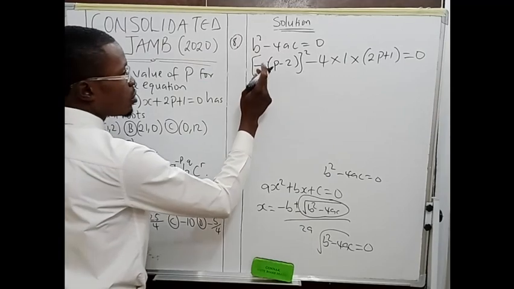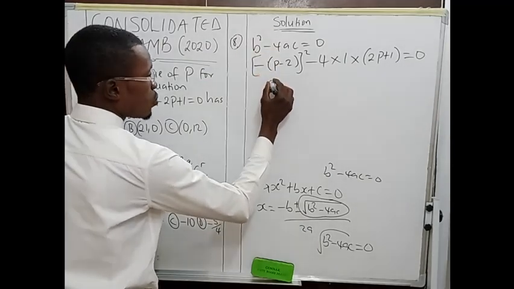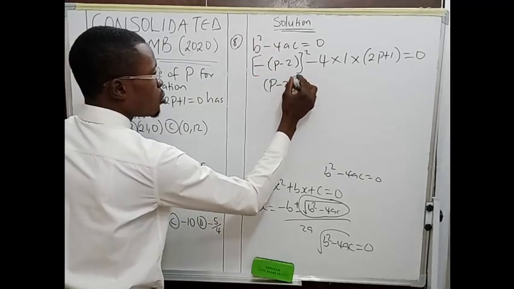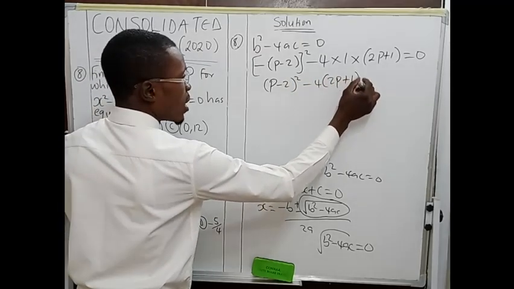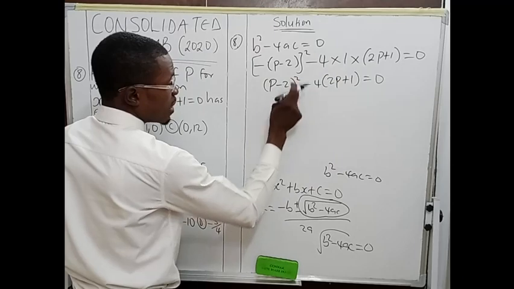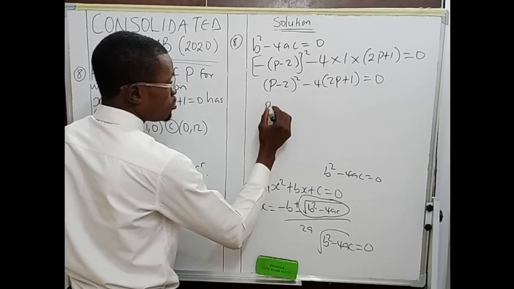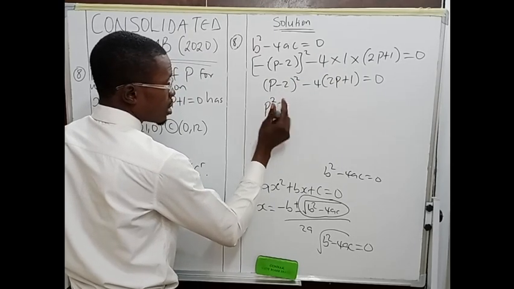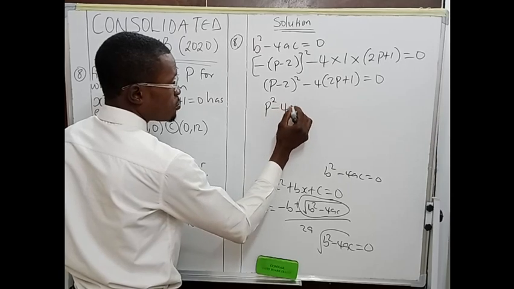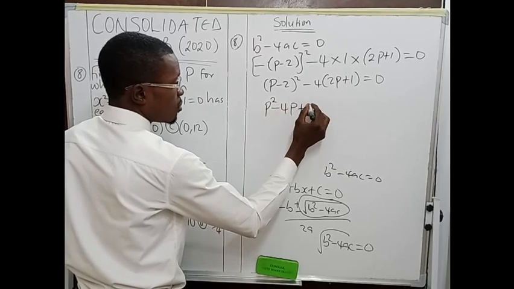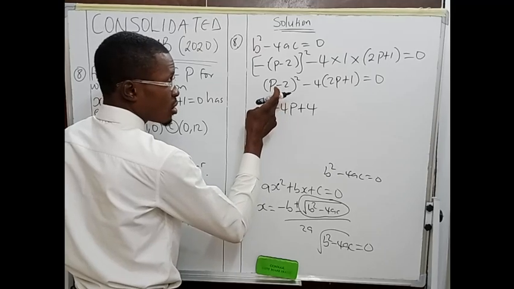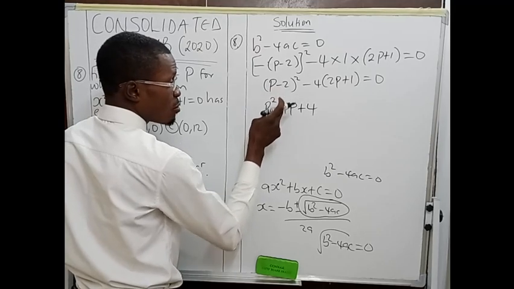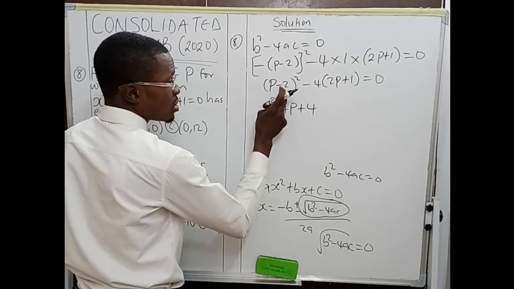So let's simplify this now. Minus squared, minus goes. You have p minus 2 squared, then minus 4 into 2p plus 1 equals 0. Expand this bracket, you have p squared minus 4p plus 4. You square the first term, then you multiply the first and second by 2, then square the second term.